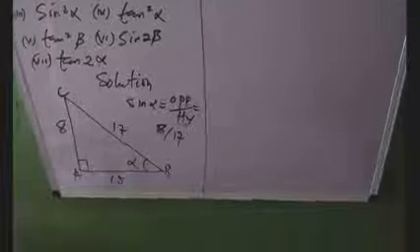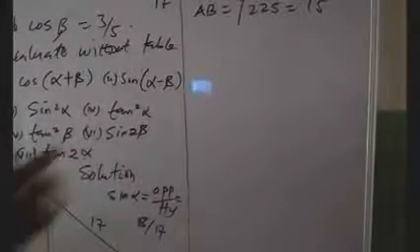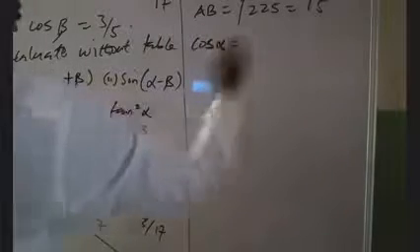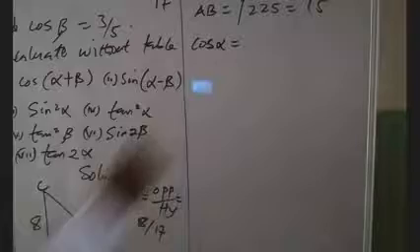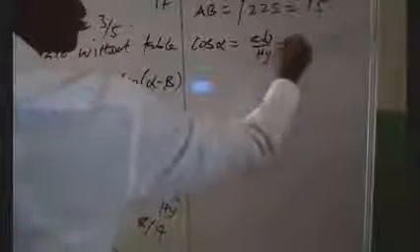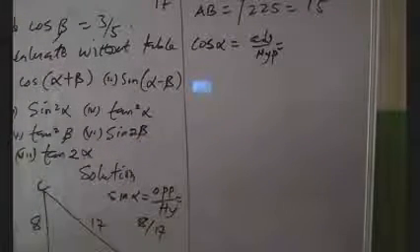Now, to find cos alpha, cos is adjacent over hypotenuse. Our adjacent here is 15, which we just got. This is 15 over the hypotenuse, which is 17.